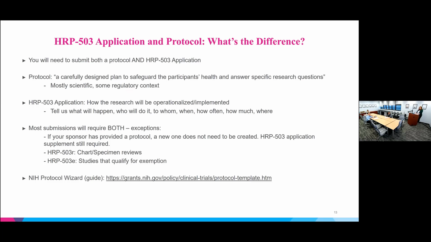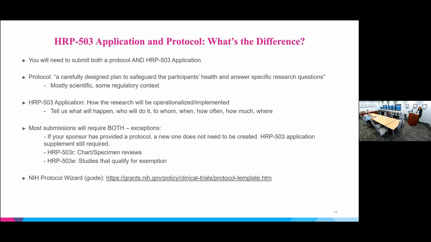And then additionally, if your study qualifies for exemption, we have the HRP 503E version. For the 503E to be applicable, it has to meet one of those specific regulatory categories that I talked about towards the beginning of the presentation. Those exact categories are listed directly in the 503E document, and you have to pick the one that you think your study meets.